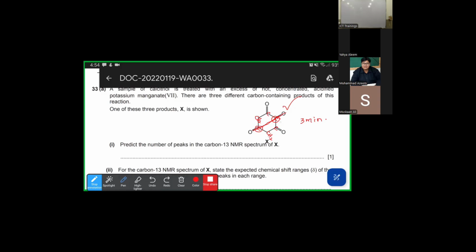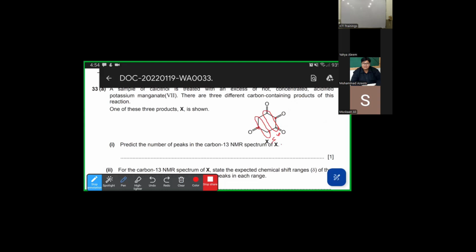Why? Because this C double bond O is joined with C double bond O on both sides, whereas this C double bond O is joined with CH2 and CH2 on both sides. So both are present in different environments. So this carbon has got 1, this is 2, and these two are present in the same environment 3, and these are present in the same environment 4.